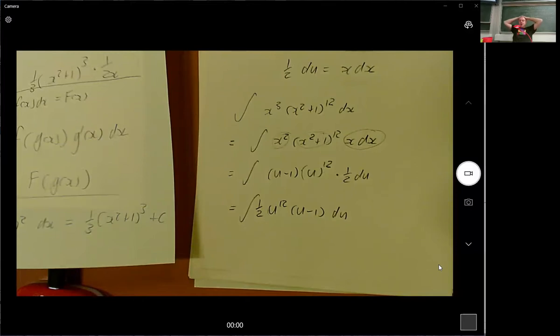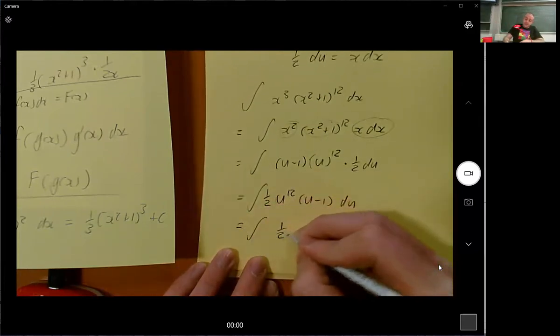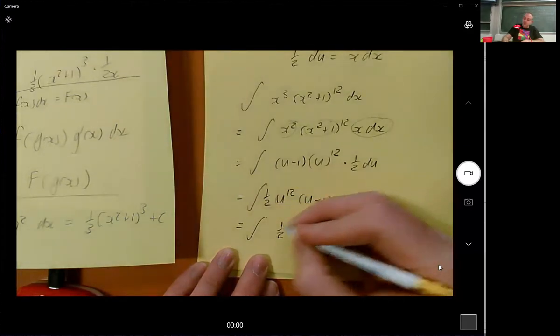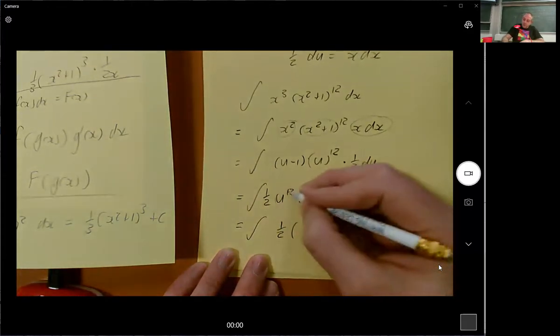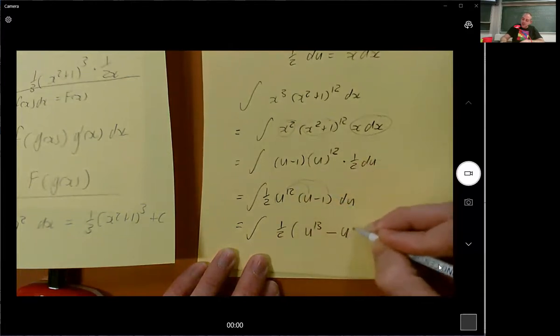Do I just know how to do this? No. Can I rewrite it? Yes, I could expand it out. u to the 12 times u is u to the power of 13. u to the 12 times minus 1 is u to the power of 12.